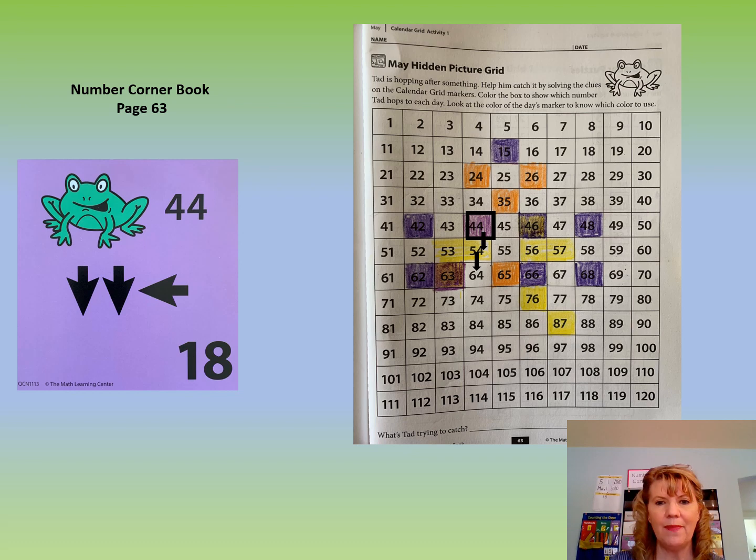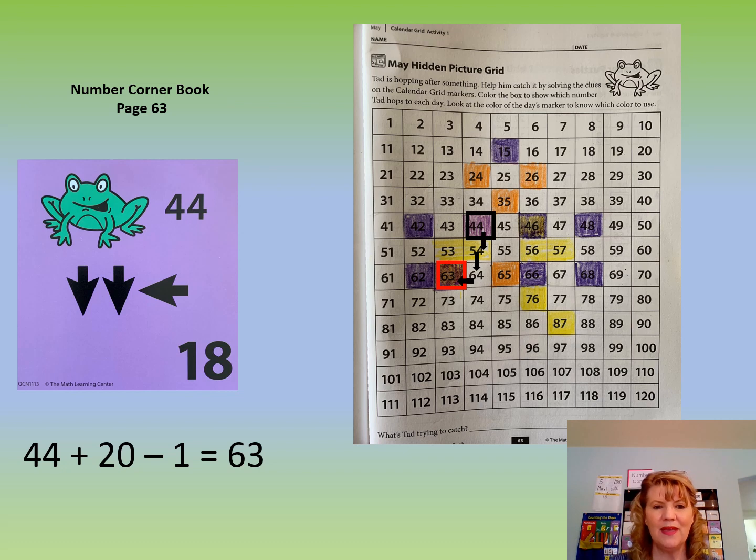And then we have to go backwards 1. So we landed on 63. The math problem would be 44 plus 20 minus 1 equals 63.